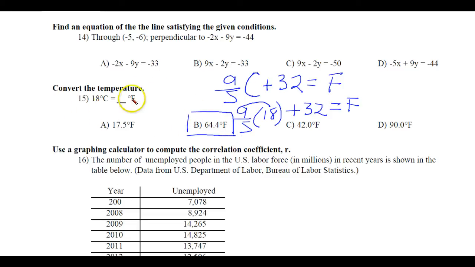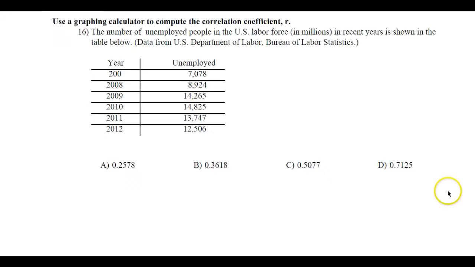So the key to this one is the formula. Remember, this could also be read that Fahrenheit equals 9/5 C plus 32. It's just backwards. Okay. Now for number 16, I don't believe that's in our curriculum, so I'm going to skip it.